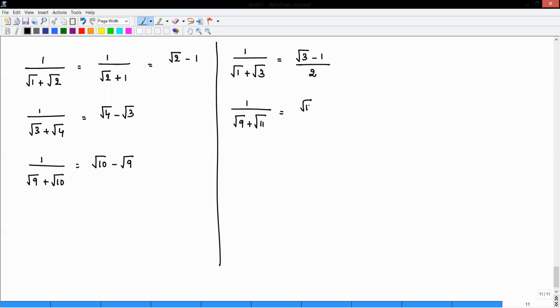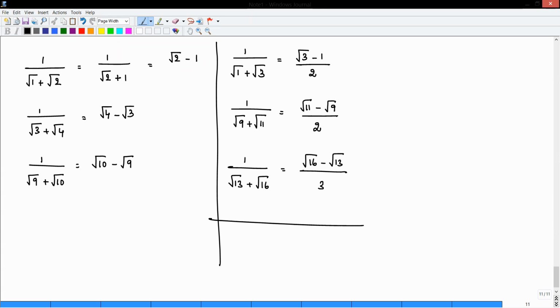It's going to be root of 11 minus root of 9 by 2 because the difference is 2, A minus B. I'm going to write root of 16. How much is the difference? Difference is 3. Simply I'm rationalizing and eliminating that step. So you're directly writing it.